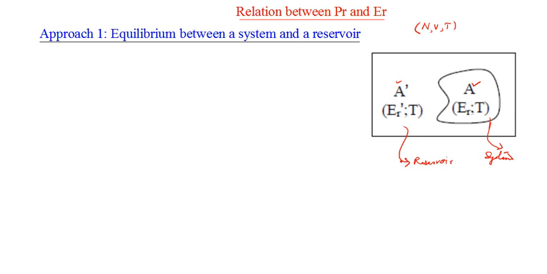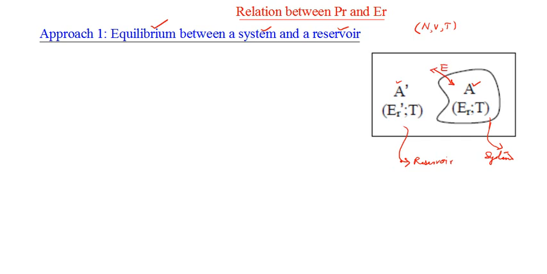So we can see here both the system and the surrounding have achieved the same temperature. That is why we say that the system is in equilibrium with the reservoir, right? So since both of them have the same temperature, we can understand that the energy exchange is permitted between the system and the surrounding.